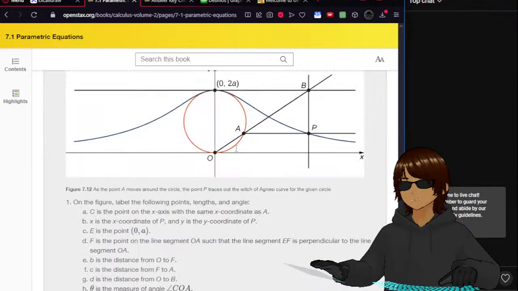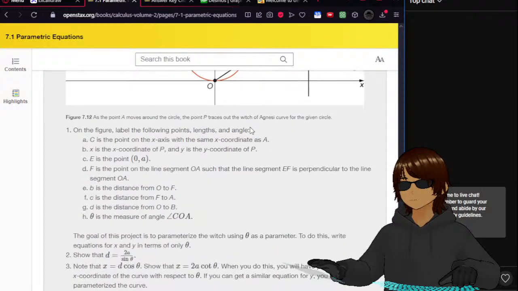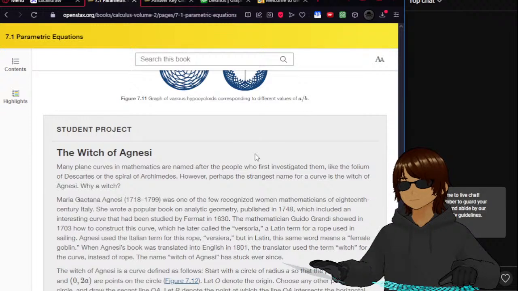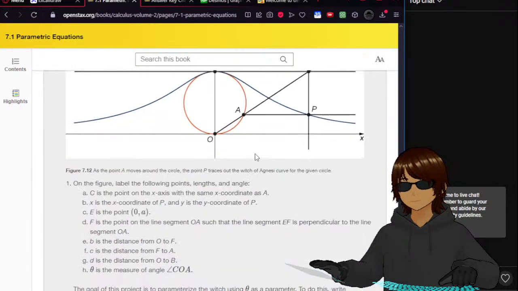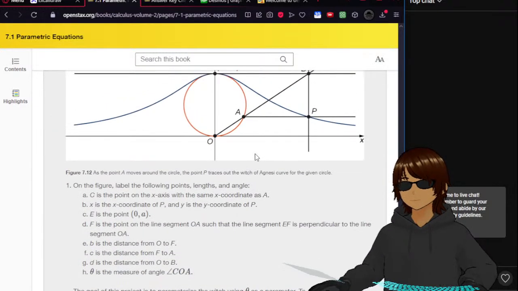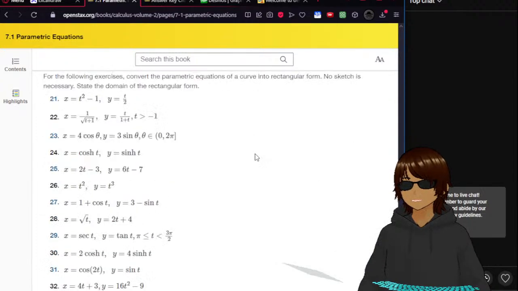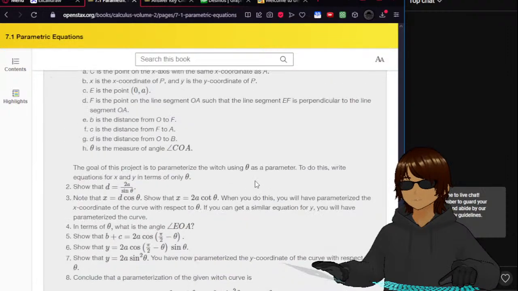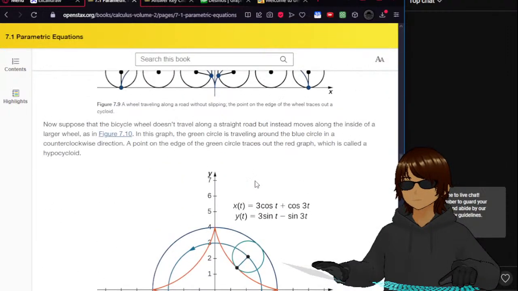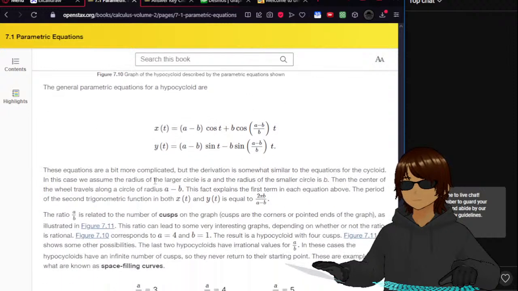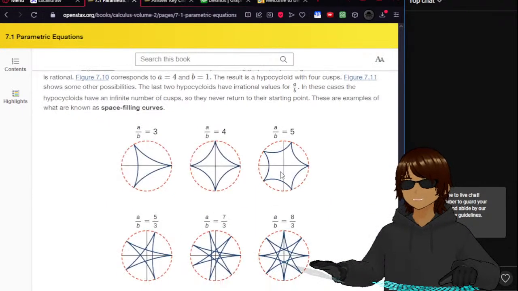Okay. Is there any more? No, it's about exercises. We assume the radius of the largest circle is a and the radius of the smallest circle is b.